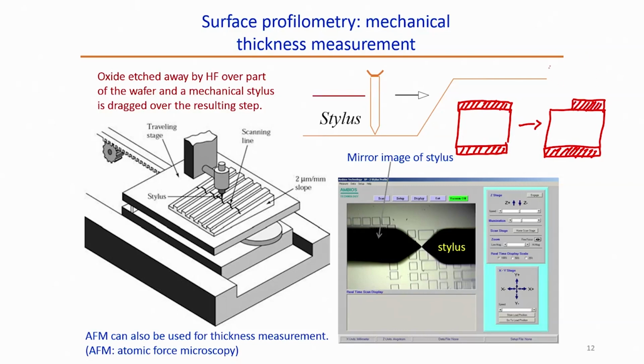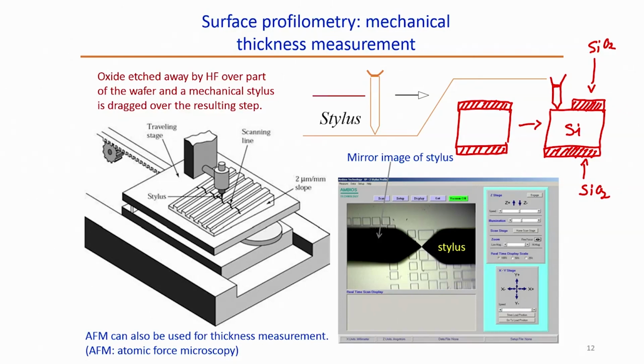We have removed oxide from this surface and we have retained oxide in this area. Now, we will take this stylus and scan the wafer with it.